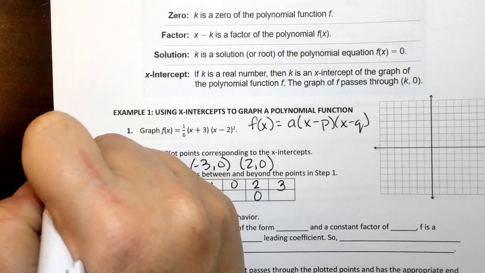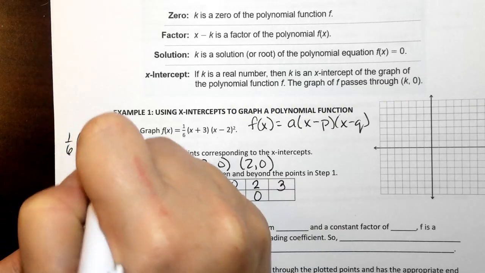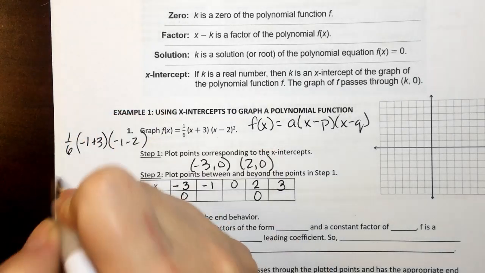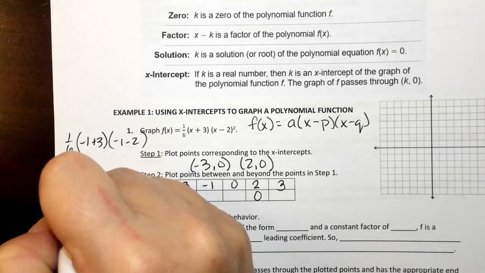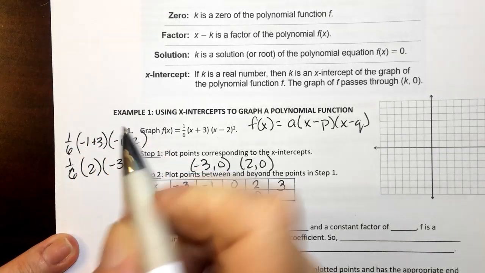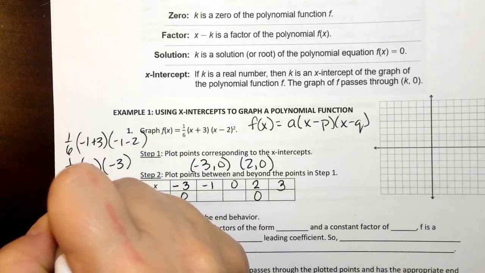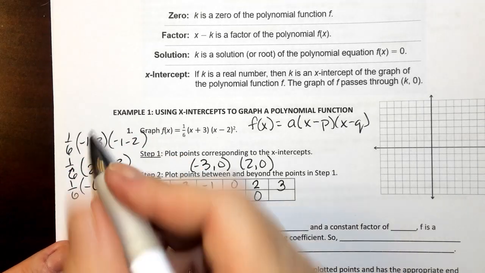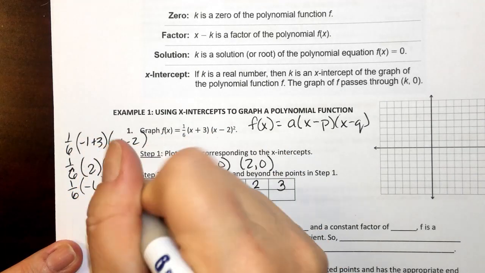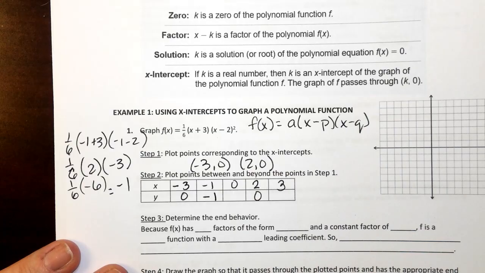So if we take 1/6 and multiply that by negative 1 plus 3, negative 1 minus 2, we have 1/6 times positive 2 times negative 3. Well, 2 times negative 3 gives us negative 6. And if I multiply any fraction by its reciprocal, it equals 1. So negative 1.